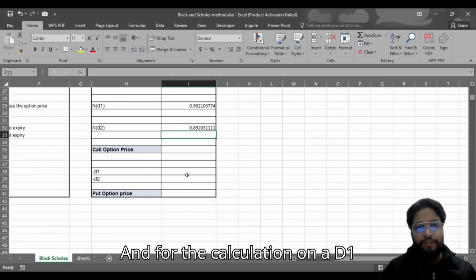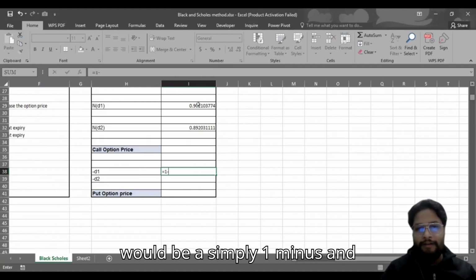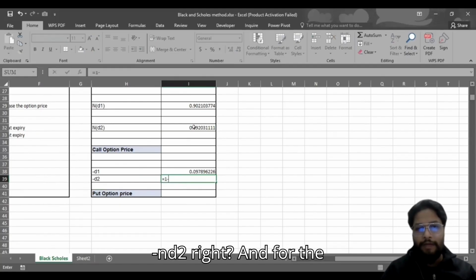For the calculation of N of minus D1 and minus D2, it would simply be 1 minus N of D1 and 1 minus N of D2.